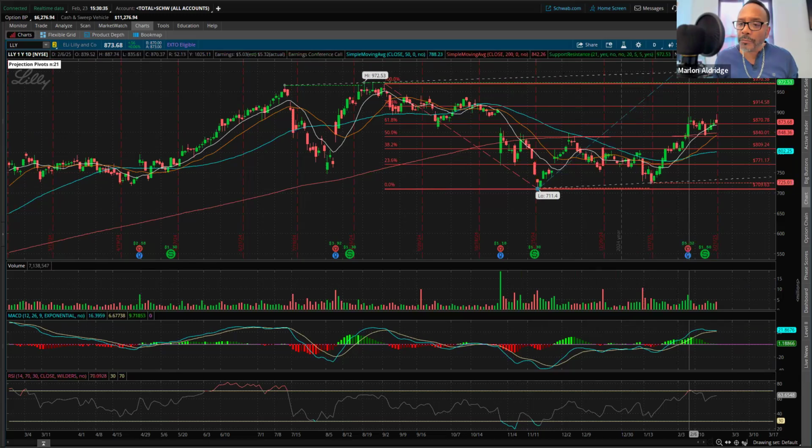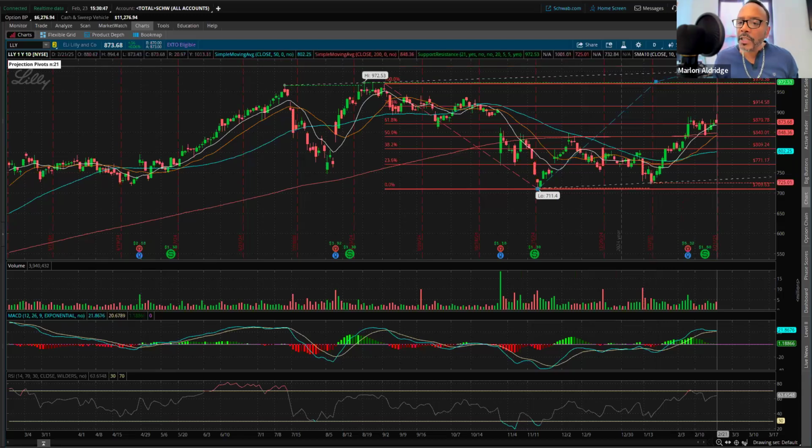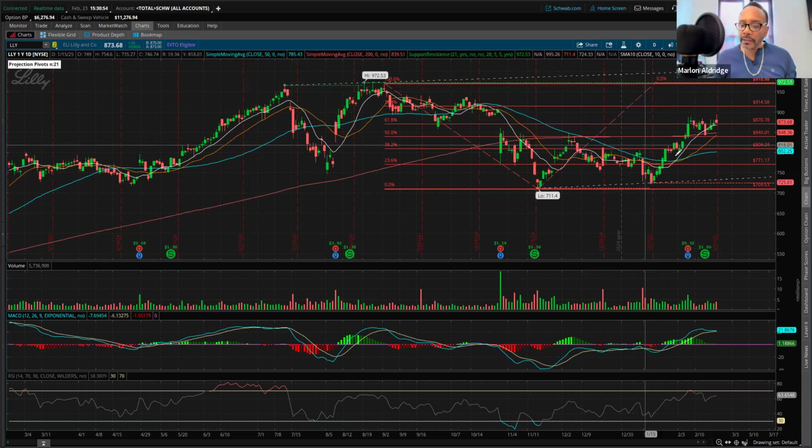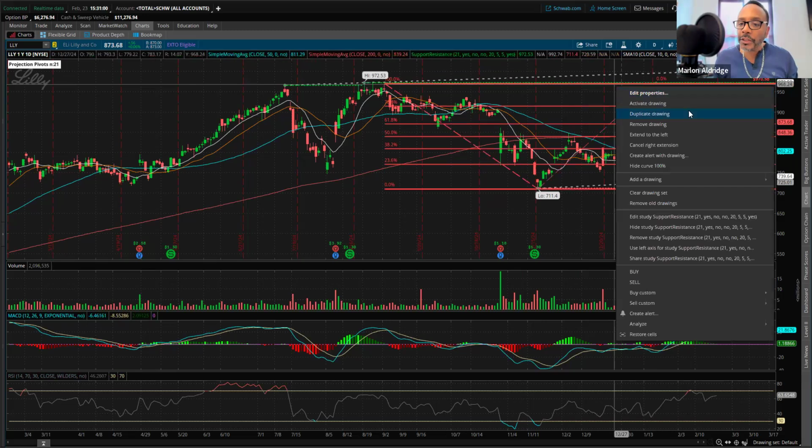And move, do it like that. I'll tell you what, this one's right over the top, so I can't see. I'm going to move that so I can see it. So let's just use the extensions and see.